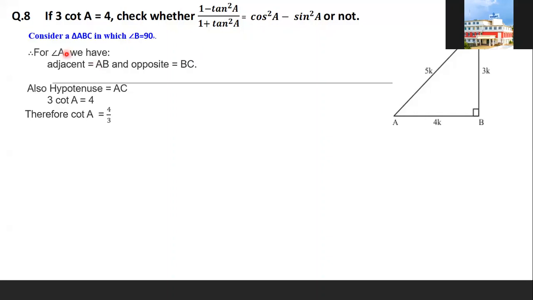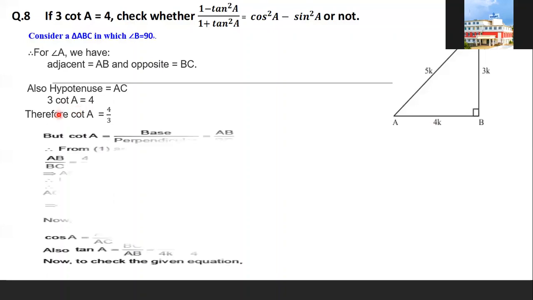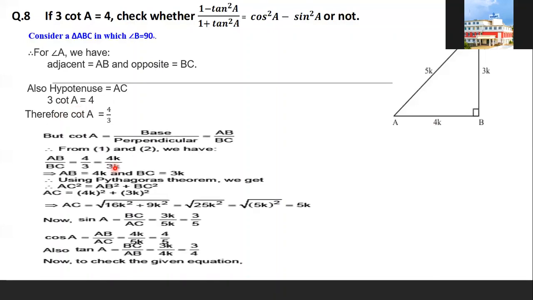First, for angle A, adjacent is AB, that is 4. Opposite is BC, that is 3. So 3 cot A is equal to 4 means cot A is equals to 4 by 3, and we got the hypotenuse as 5. Now first to find sin A value.